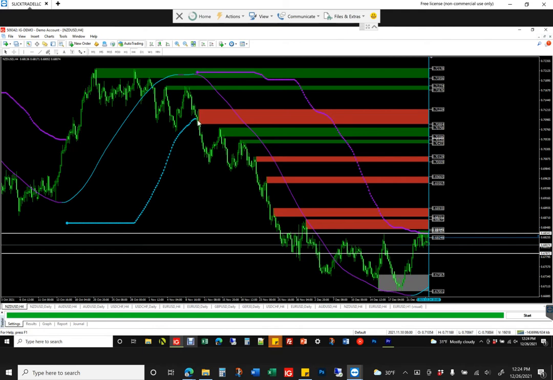Price broke below and created new lower highs and lower lows throughout. Here you can see the same thing starting. Price broke above the Hull moving average here, and we've been experiencing this sideways movement or consolidation period ever since.